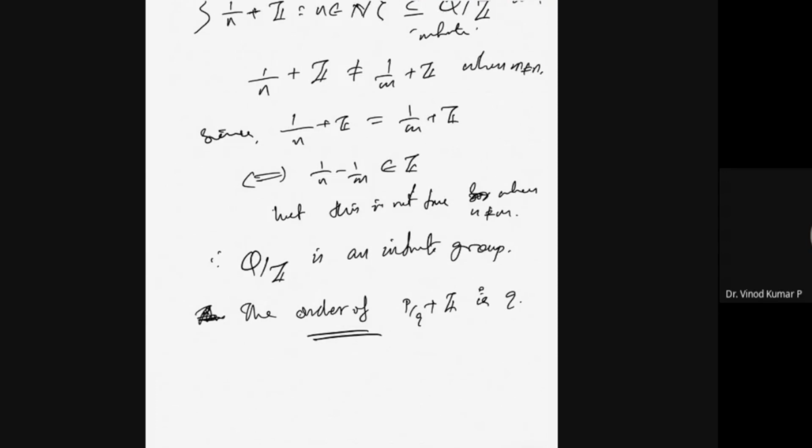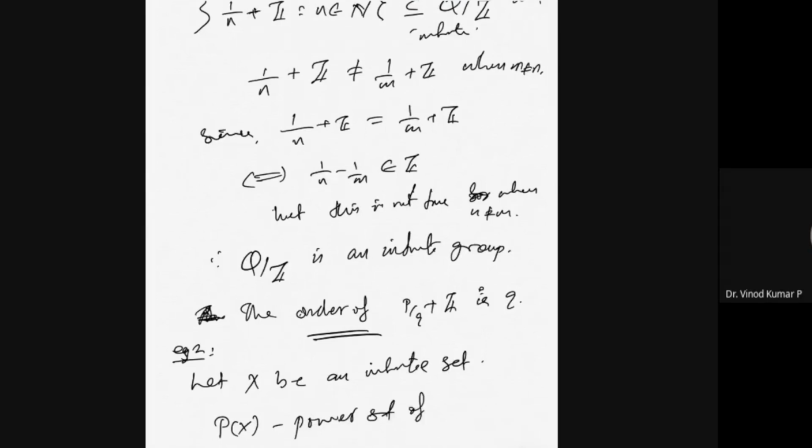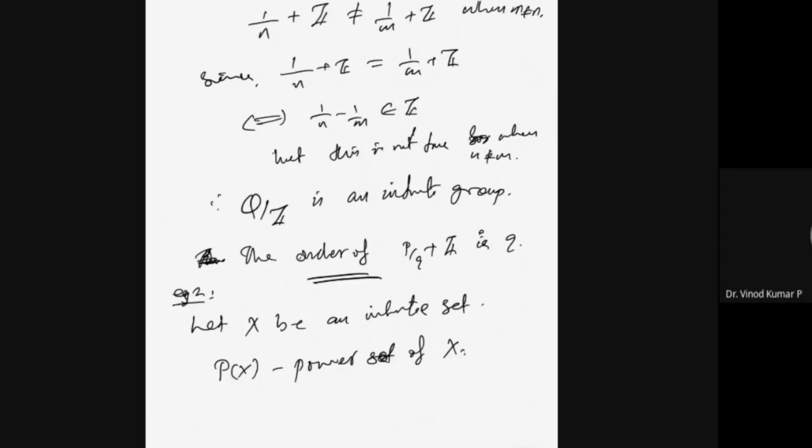You start with a set X, let X be an infinite set, and P(X) be the power set of X. Can anybody make P(X) a group?